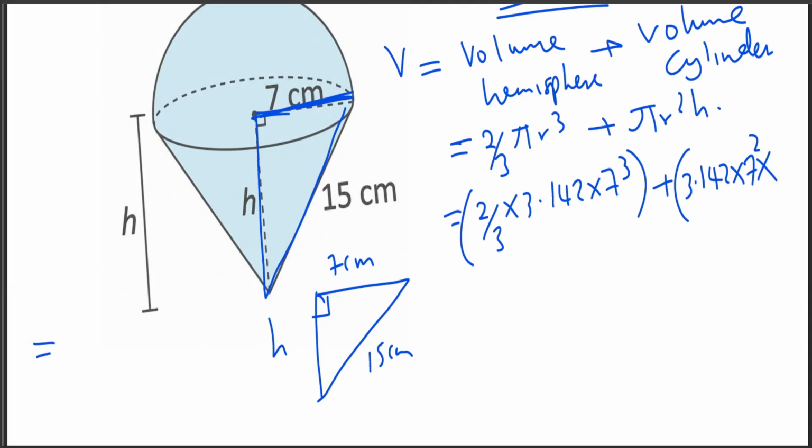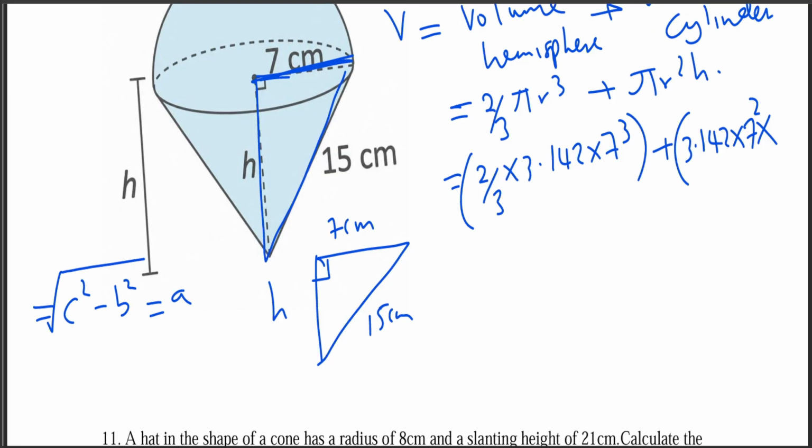So we say that because the longest side is 15 and the shortest side is 7 and the other shortest side you don't know, you take c squared minus b squared is equal to a squared. But if you want to find the value of a only, you square root this one. So c squared is 15 squared. It's 15 squared minus 7 squared, then square root it.